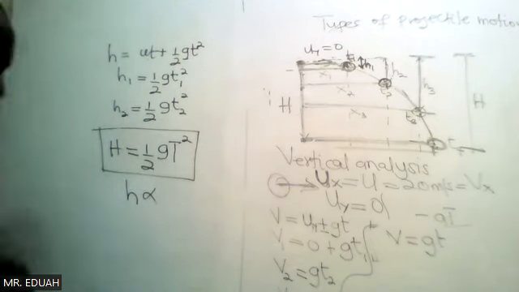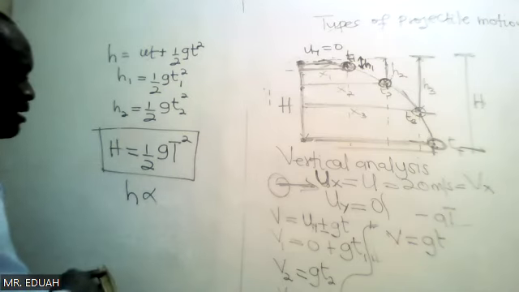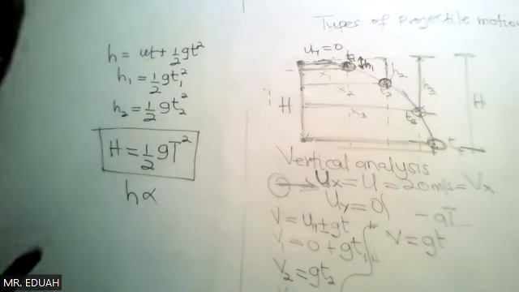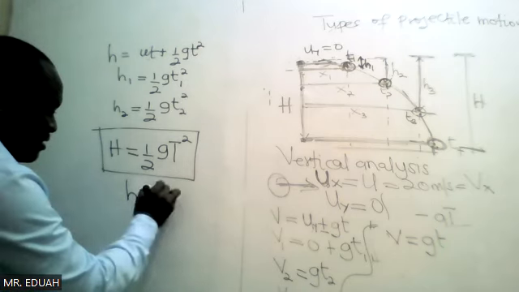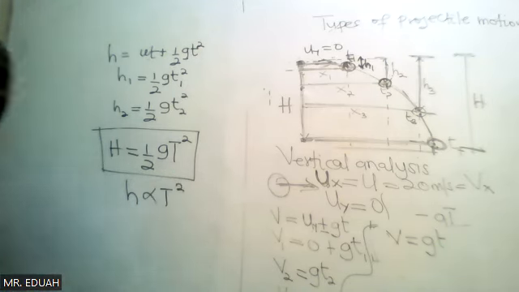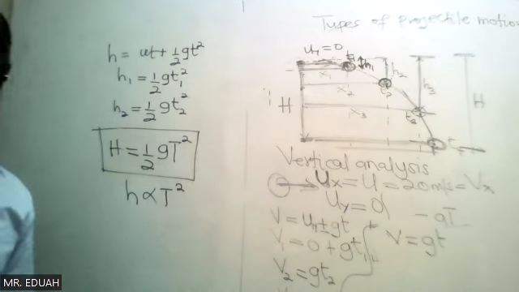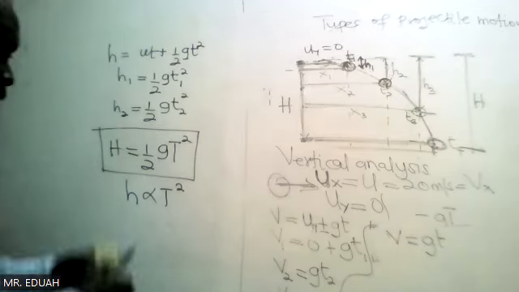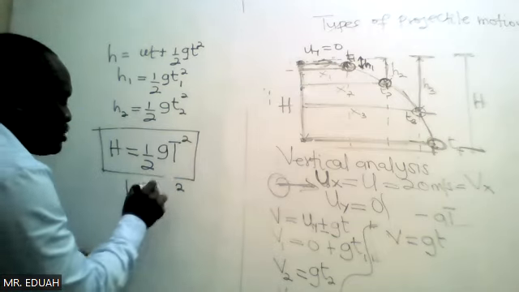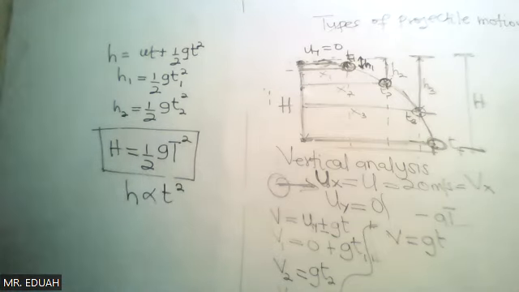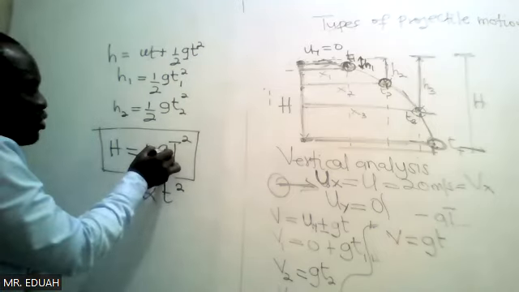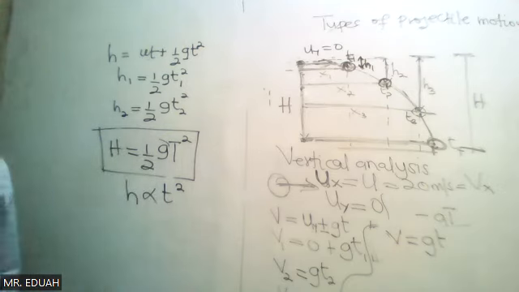No, open your eyes. Gravity and time? No. It is directly proportional to the square of time. Instead of time of flight, let me use t. Because gravity is constant, and this value, the half, is also constant.